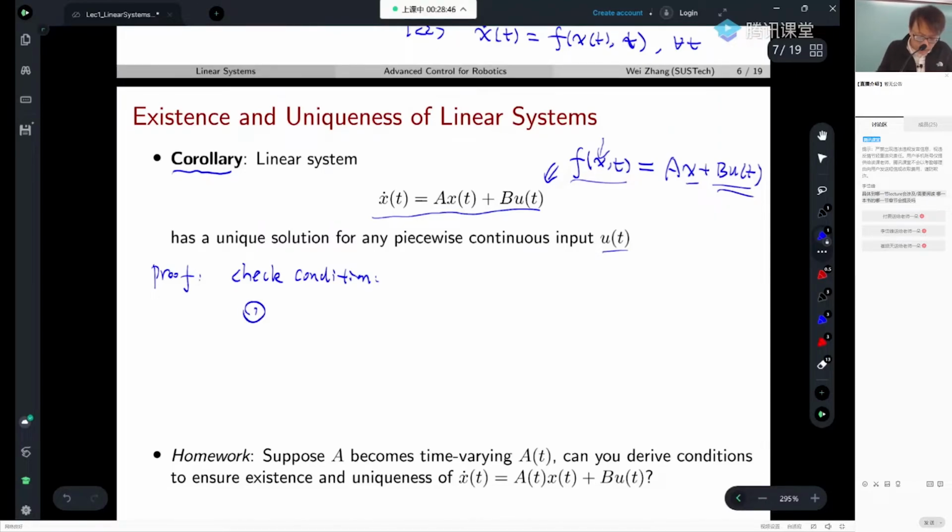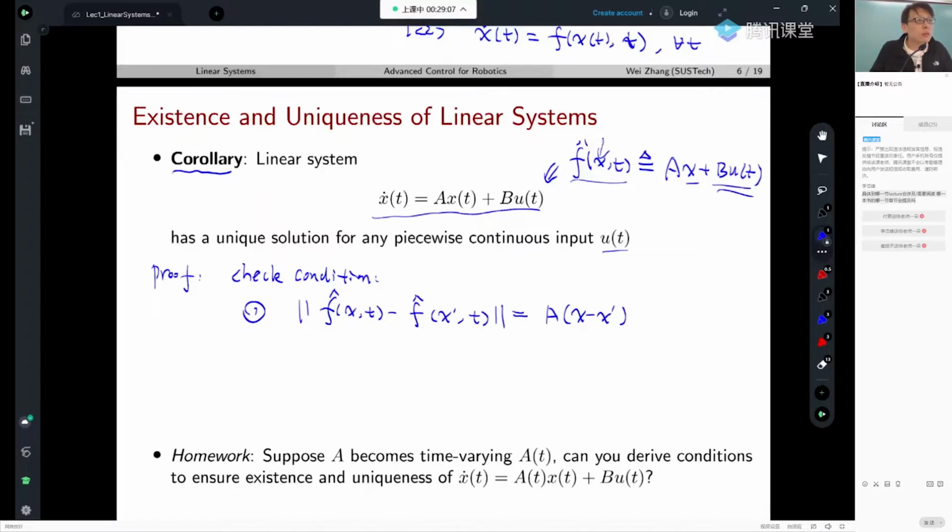Suppose the first one is, if I say f(x,t) minus f, let's call the head, defined like this, x prime t, what is it? It is A times (x minus x prime).